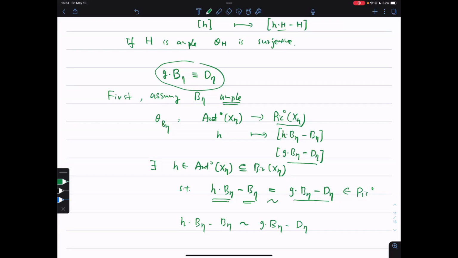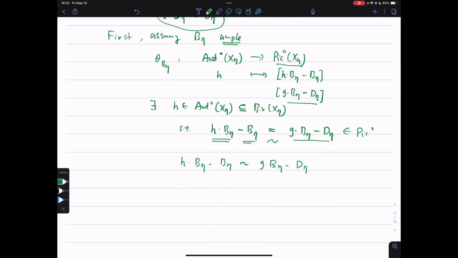Let me see. From this we know this D_eta lies in the cone generated by, maybe I should change it a little bit.